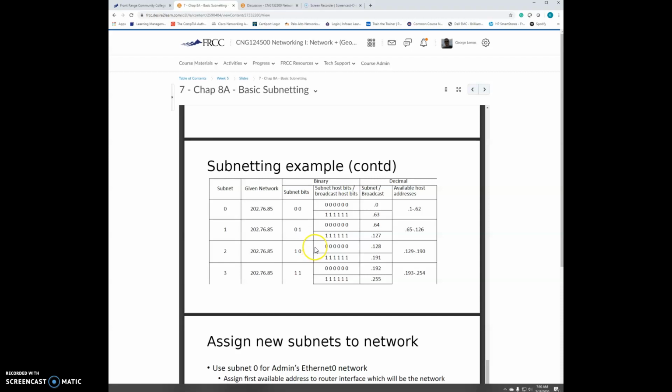So here we are again. We're counting off of that segregation, since we know that 50 fits into 64. We're given this network 20. This is the network we start off with, and this is what we're going to start to divide. Subnet bits 00. We're starting off at the very beginning. Here's our network address, 0.